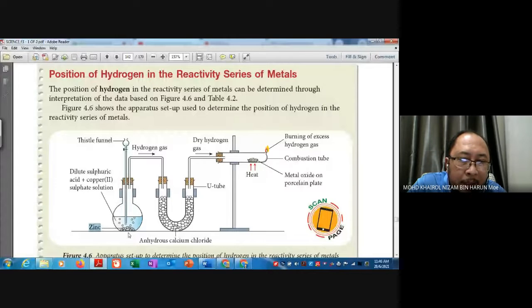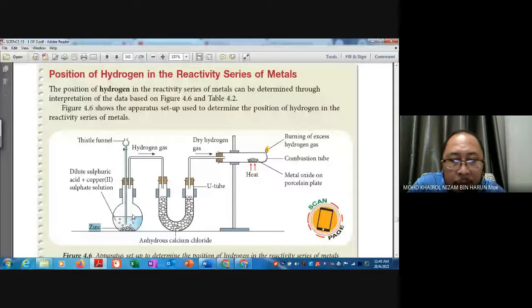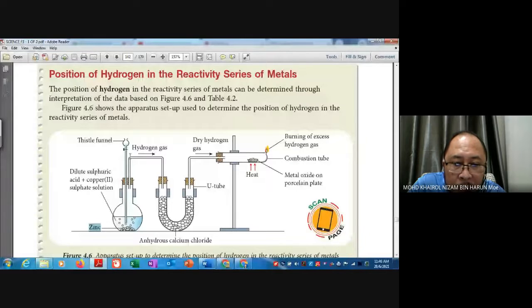After this, this is a funnel. We want to put all the material inside the flask. And then we have a delivery tube that connects from the flask to this one, which we call a U tube.